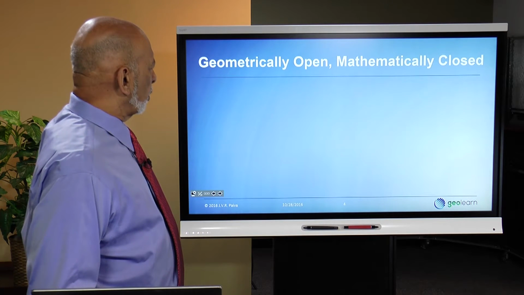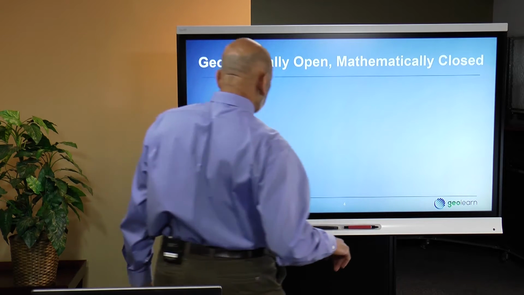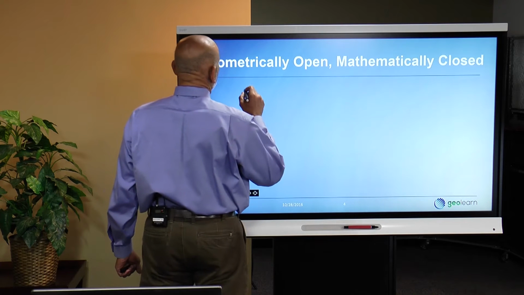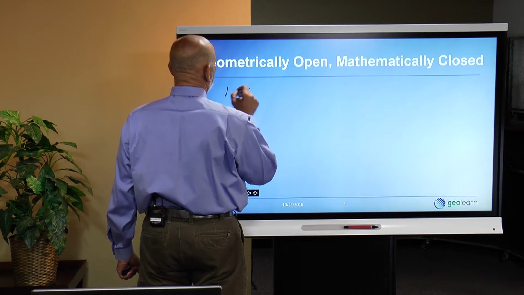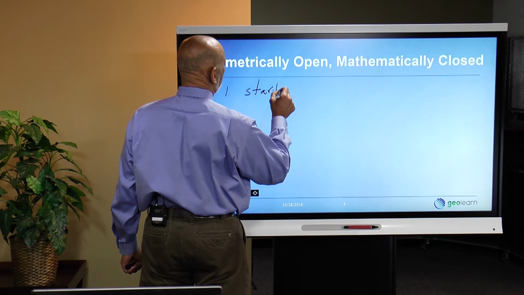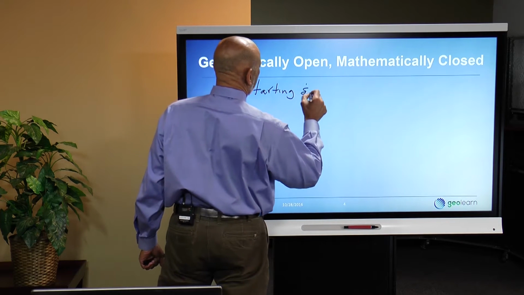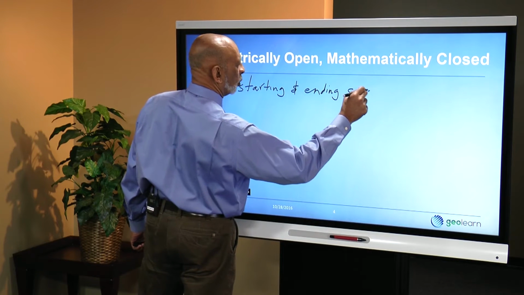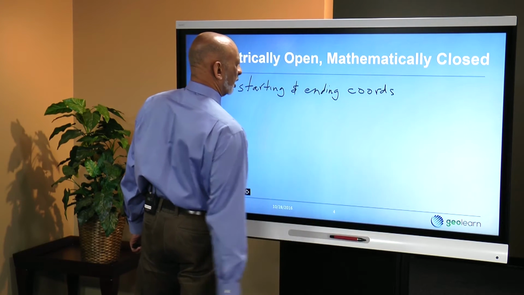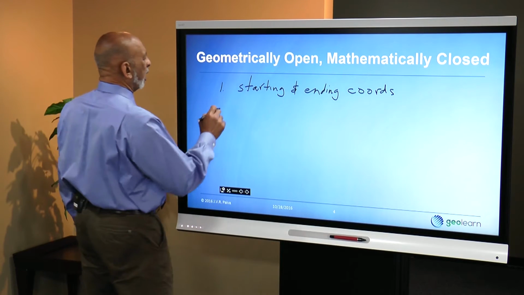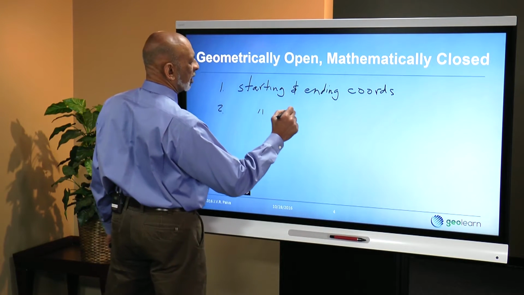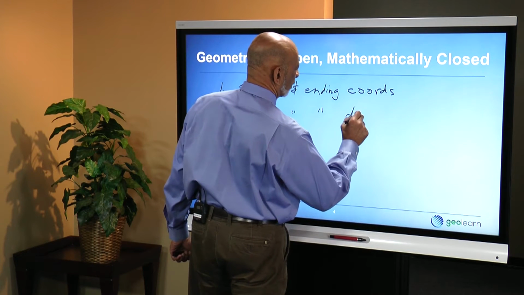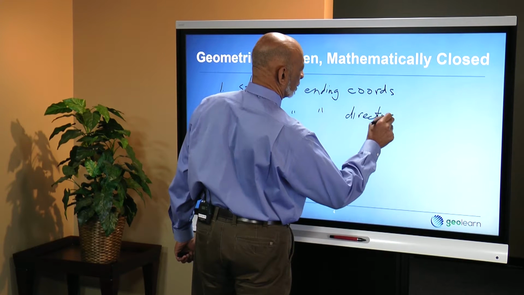So I just wanted to emphasize that when they are geometrically open and mathematically closed, first of all, you have starting and ending positions known. And I'm going to write here starting and ending coordinates as my shorthand way of saying that. And you also have starting and ending directions. So you start with a direction and you end with a direction.